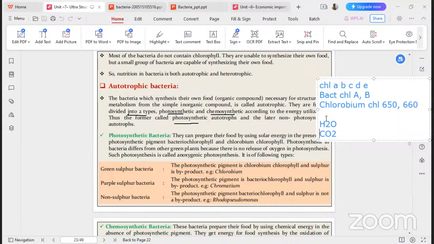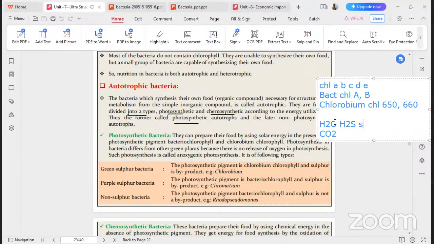Here you can see, mostly these are sulfur bacteria. Sulfur bacteria do not utilize H2O. Instead of H2O, they utilize H2S, hydrogen sulfide, which has a rotten egg smell. The sulfur bacteria participate in photosynthesis, but they release sulfur, not oxygen.